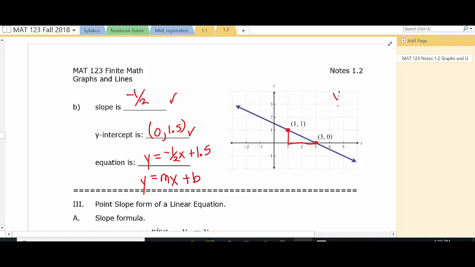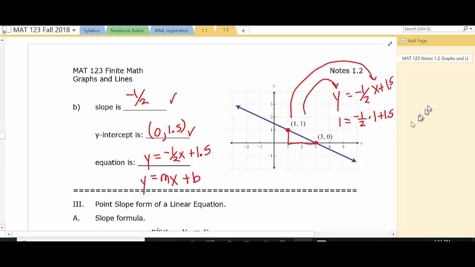Now, the thing that students never do, I do want to show you just one thing on this. So you have y equals negative 1/2 x plus 1.5. If you took this point and plugged the 1 in for x and the 1 in for y, and write this down because I want you to know this kind of stuff, you would have 1 equals negative 1/2 times 1 plus 1.5. I'm plugging that point in, and let me show you that it works.